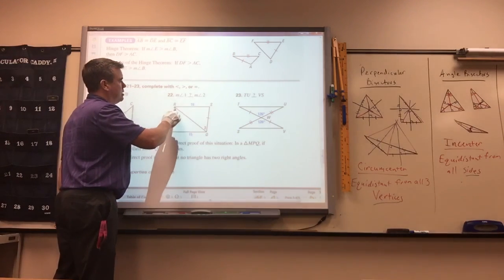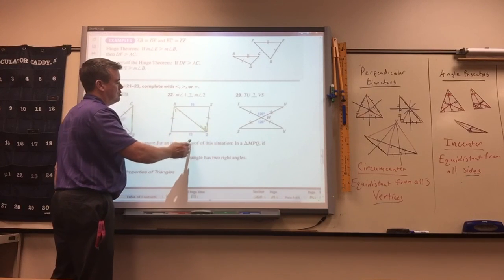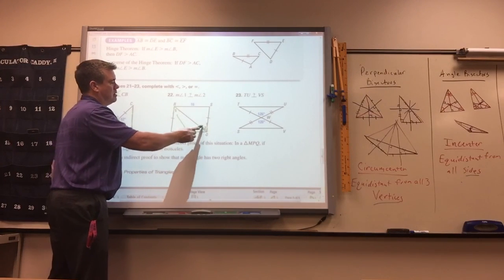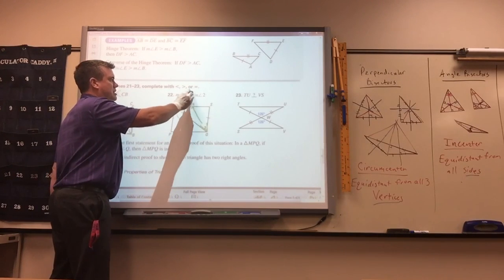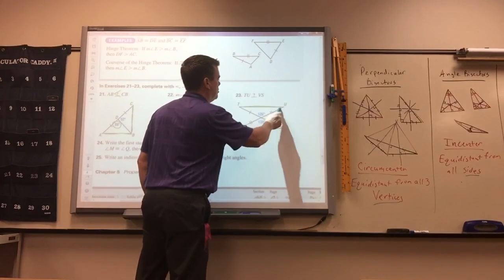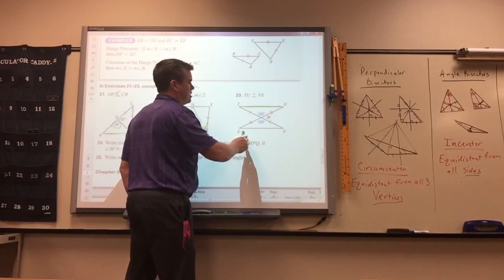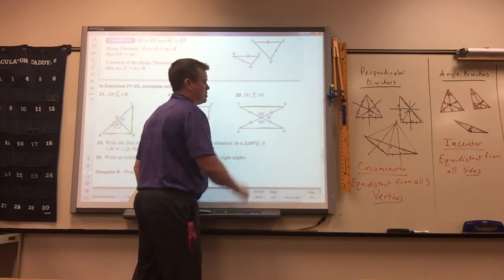Is angle 1 greater than, equal to, or less than angle 2? It would be less than because 15 is less than 16. Is TU greater than, less than, or equal to VS? Equal, because they're both opposite of 126.